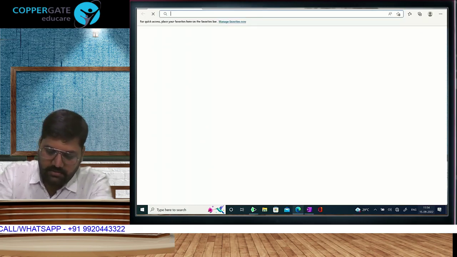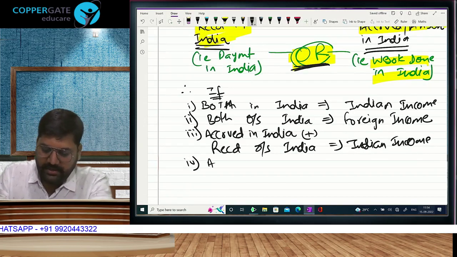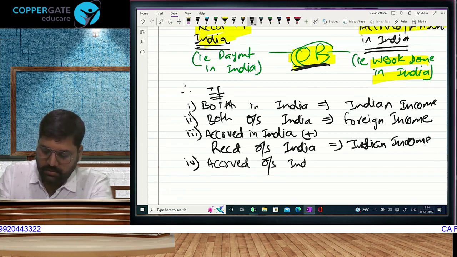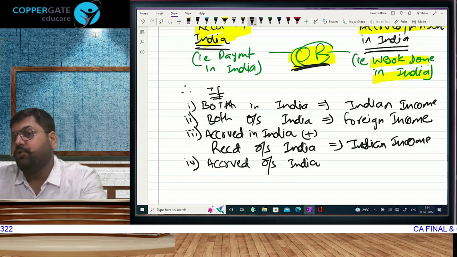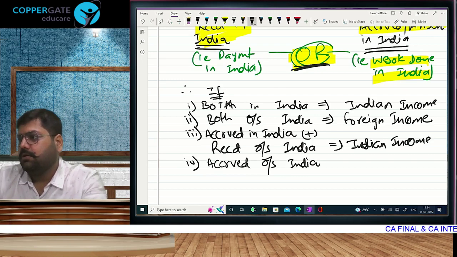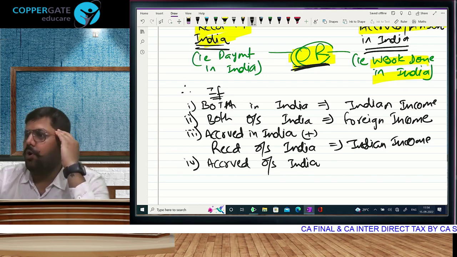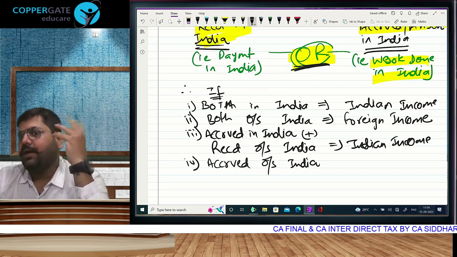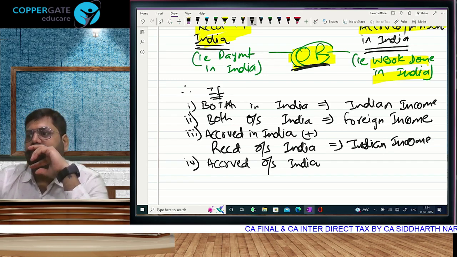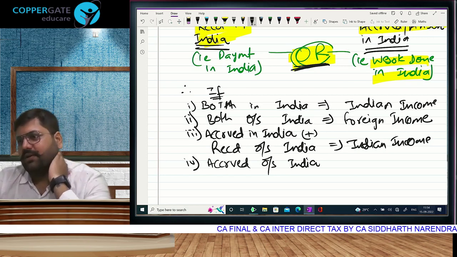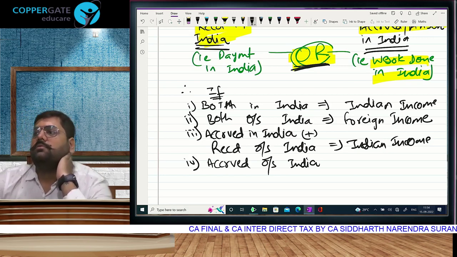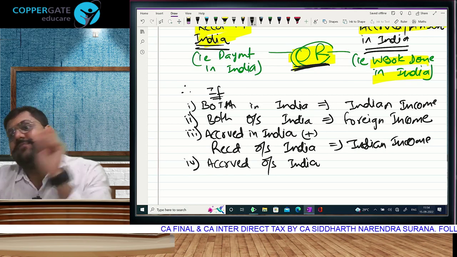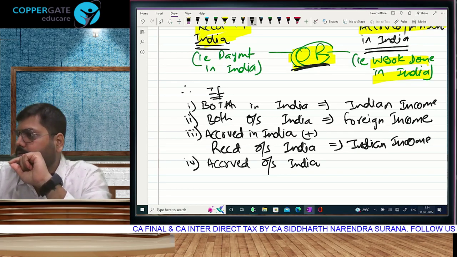Supposingly, there is an income that is accrued. Matlab, where did you do your work? Outside India. No problem. Supposingly, you are an employee of an Indian company at a foreign branch. So full year you are working at the foreign branch. So while you are working, your income is arising.